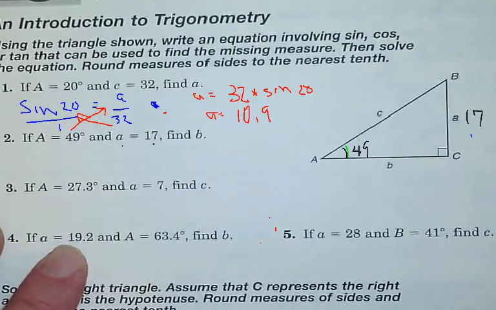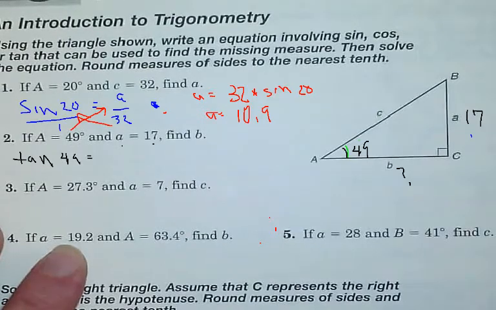And they said find B. So this is the one we don't know. Now, what's that? Well, that's tangent. So I know the tangent of 49 is, and what do I have? 17 over B. Now remember, we have to cross multiply.